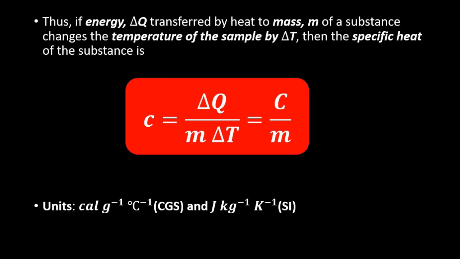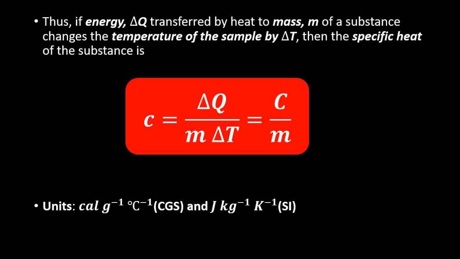If an energy of delta Q is transferred to a mass m of a substance and it raises the temperature of that sample by delta T, then the specific heat of the substance, small c, is equal to delta Q by m delta T, where delta Q is the heat energy supplied, m is the mass of the substance, and delta T is the rise in temperature.